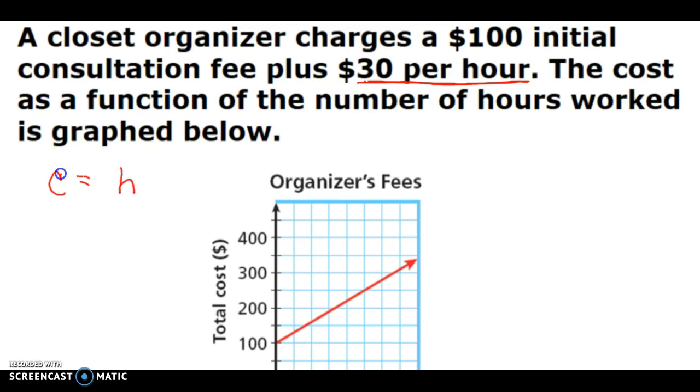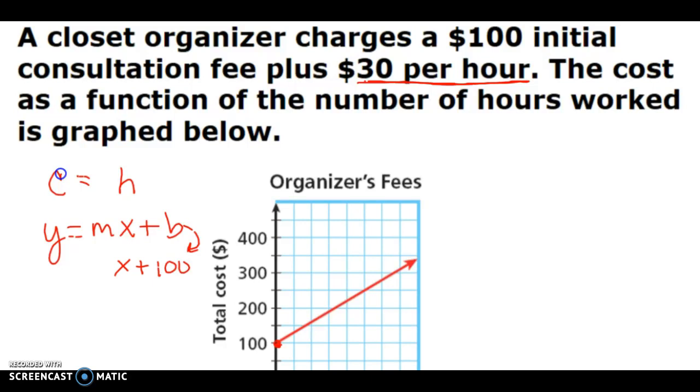So we know something's going to happen to hours, and if we look at our graph below, we see our y-intercept. So let's think of our equation y equals mx plus b. We know b to represent our y-intercept. So I would hope that everybody could agree with me that that b value should be 100. All we have to do now is figure out that slope.